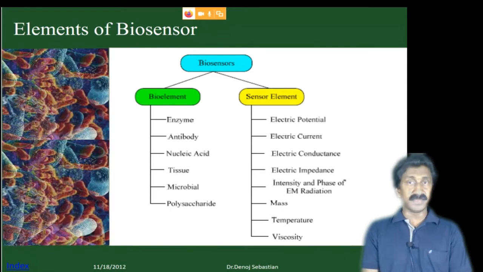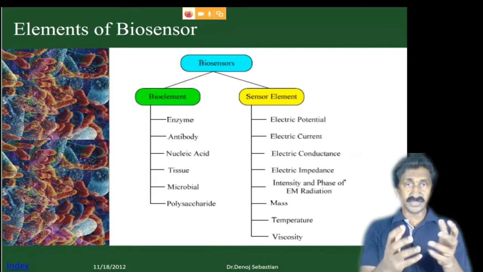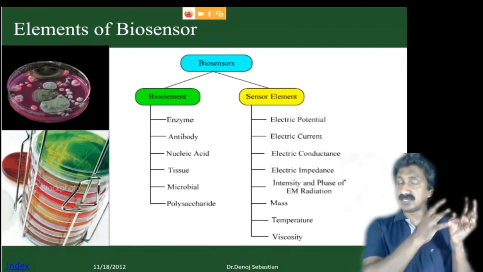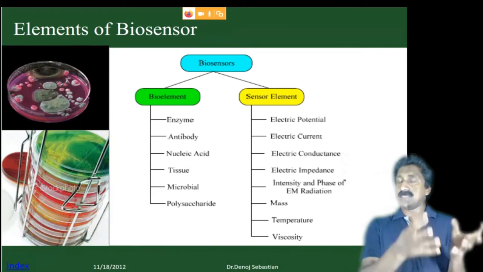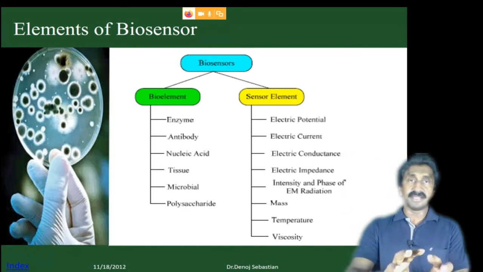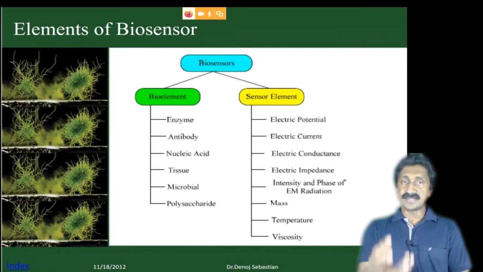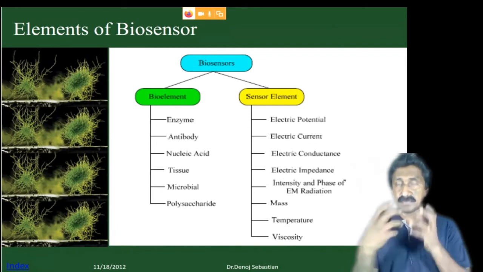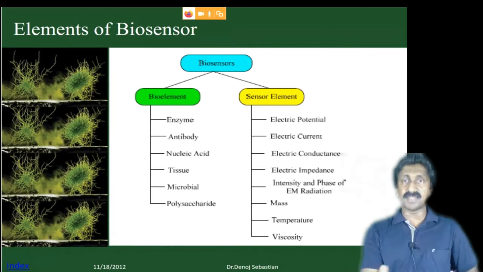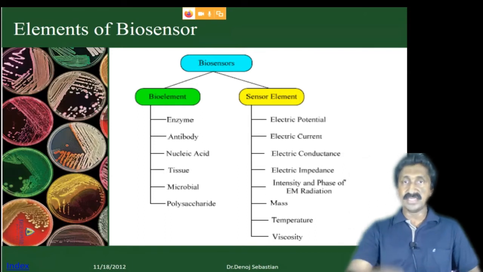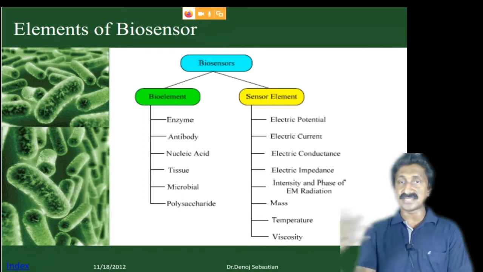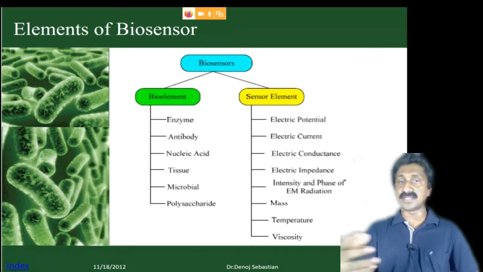Then the sensor element may be an electric potential, because the biological element, while it recognizes that analyte, will create a biological signal or a chemical signal, and that will be converted by the transducer or the sensor element into an electrical potential, electric current, electric conductance, electric impedance, or mass, temperature, viscosity.